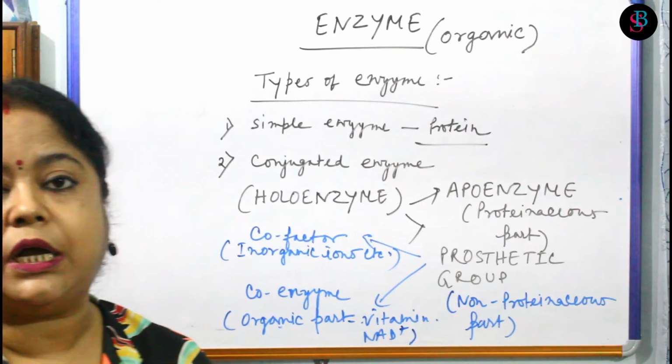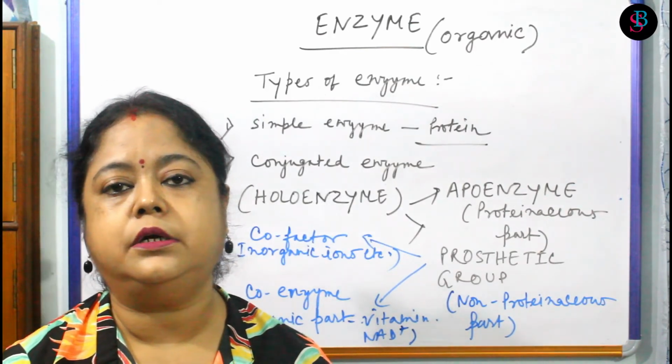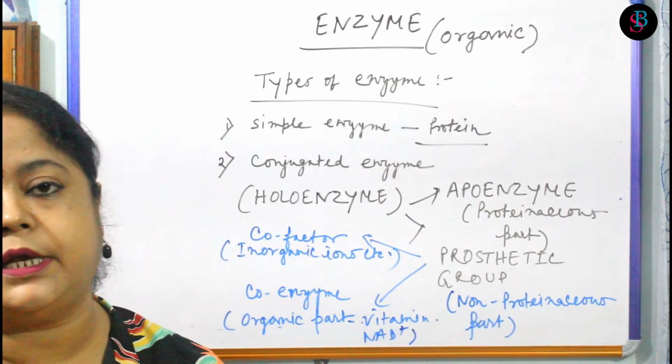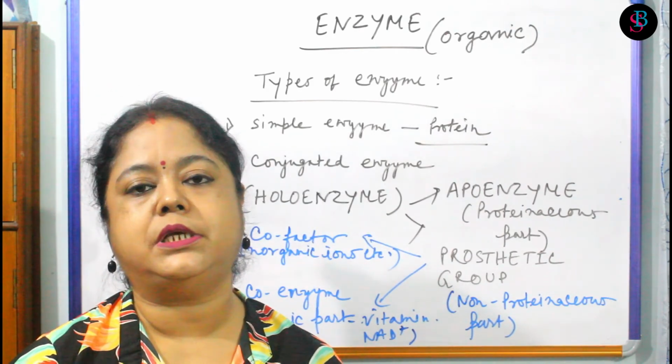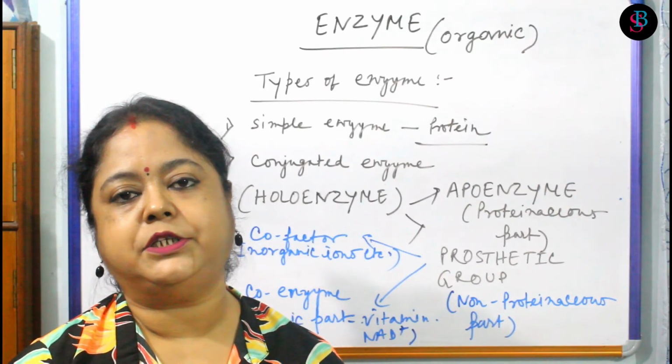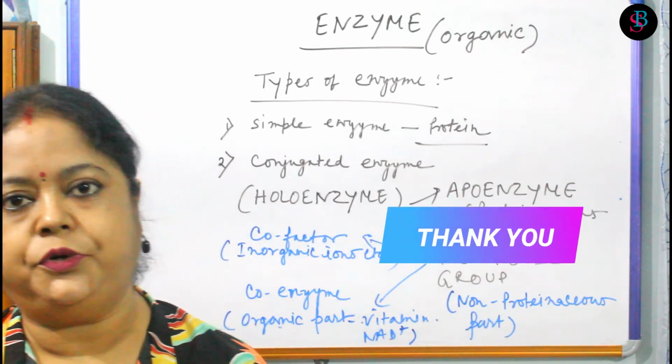So this is about the types of enzyme, or you can say the parts of the conjugated enzyme. Now in the next video, we shall study the classification of enzyme and mechanism of enzyme action. So that's all for this video today. Bye.